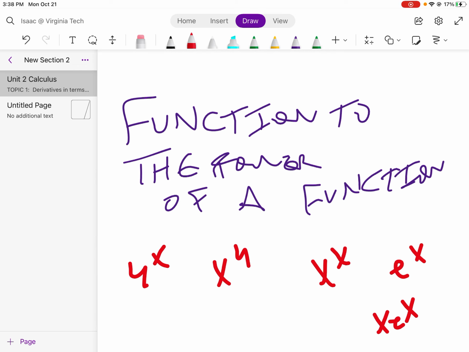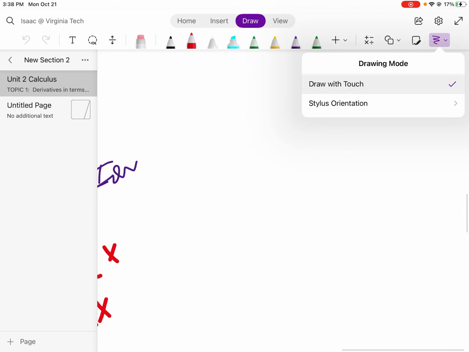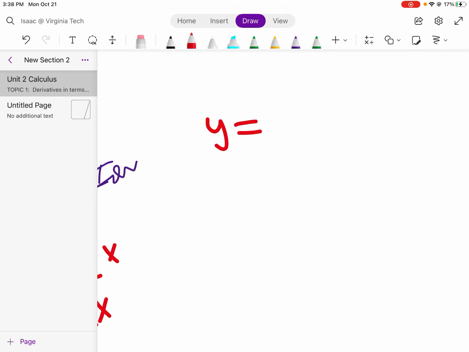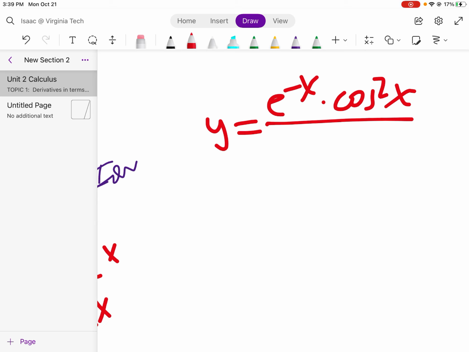You also might want to use it in a situation where it looks just really stupid. I'll give an example. Let's say you had y equals e to the negative x times cosine squared of x divided by x squared plus x plus 1.